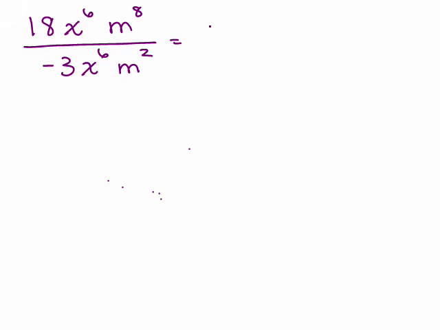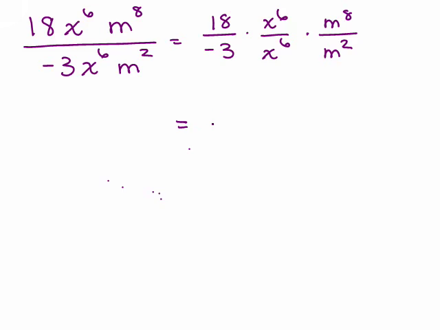Now what about this x to the 6th over the x to the 6th? You can write that as x to the 0, which is 1, or you could simply cancel and get 1. And then we have m to the 8th over m squared. So 18 over negative 3 is negative 6, that's 1, and that is m to the 6th. So I get negative 6 m to the 6th for my answer.